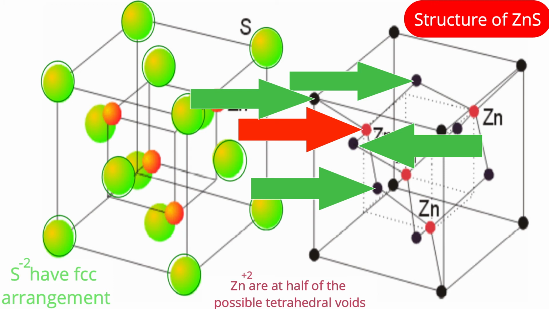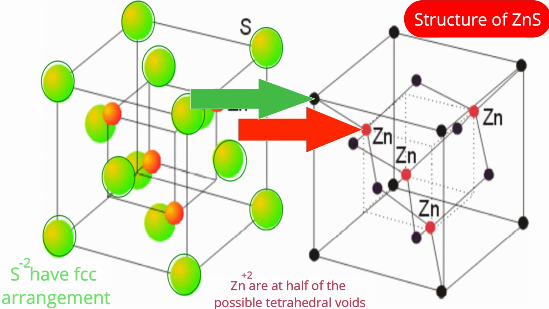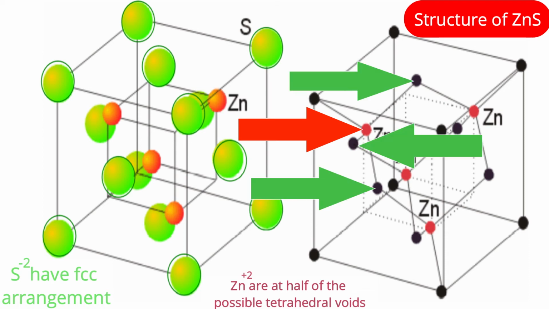See here, one of the zinc ions is considered, and around that, the sulfide ions which are closest are represented. Now let us categorize those sulfide ions which are closer to zinc.